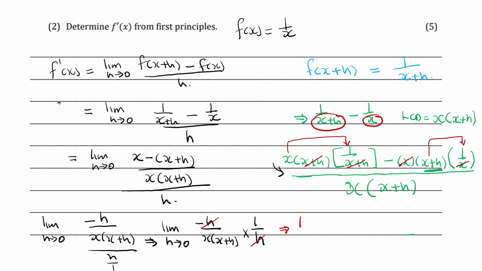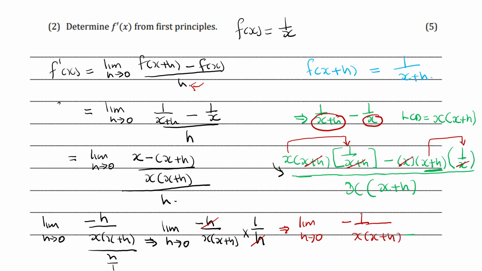This is the limit as h approaches 0. Then what I'm going to do is write this as negative 1 over x into x plus h, if we substitute this. The reason we did the limit is because if we do the direct substitution, this gives us over 0. Now look at this. We won't get over 0.